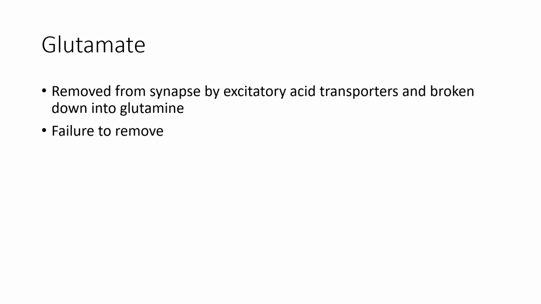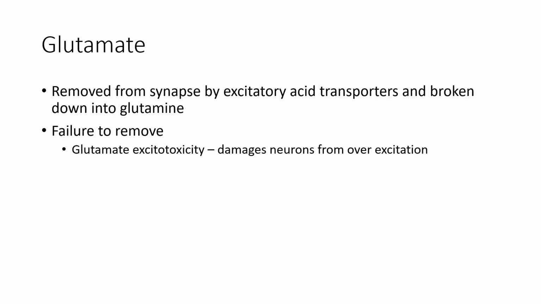So we might wind up with what looks to be more hyperactivity. This can be referred to as glutamate excitotoxicity. Basically, the neurons are receiving too much glutamate. So they're firing way more than they should, and this can lead to overexcitation and damage to these neurons.